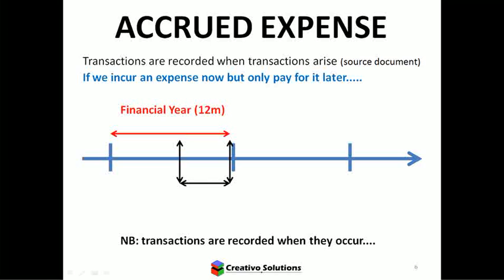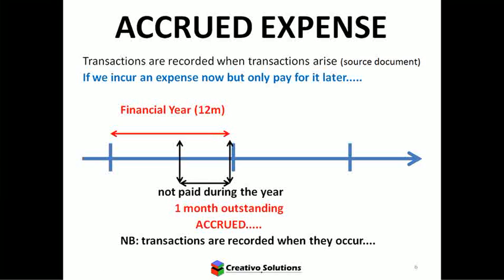Simple example here could be something like water and electricity. Water and electricity needs to be billed first prior to that bill being sent to the actual consumer. So if I've used water and electricity during the month and it has not been paid, 1 month is considered to be outstanding.